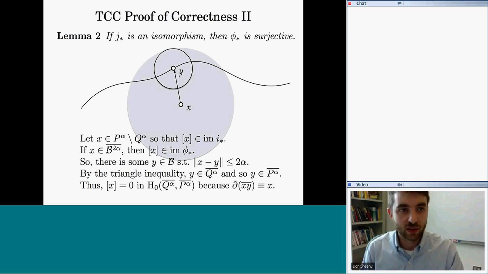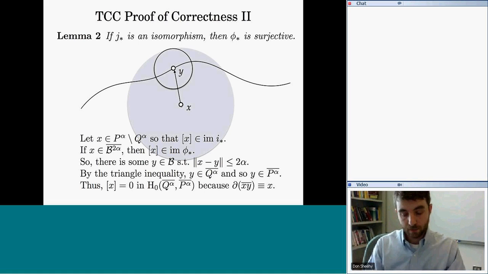Here is a sketch of the proof of lemma 2. So we want phi star as an isomorphism, then this is going to be surjective. Start with some point x, which is in P alpha minus Q alpha. Actually, it should be P alpha minus Q3 alpha.